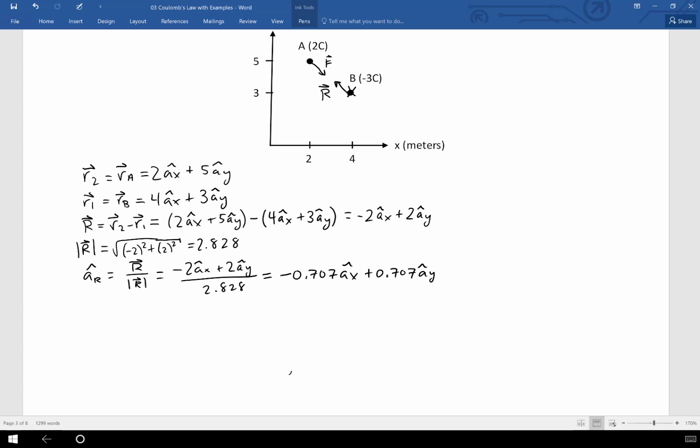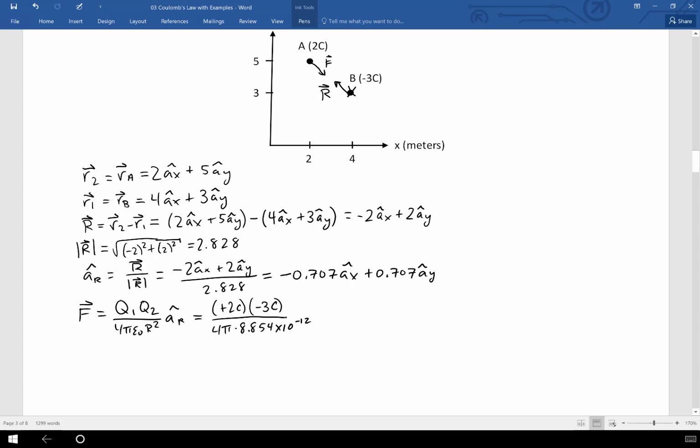But the force in this case is going to be Q1 Q2 divided by 4 pi epsilon 0 r squared times a sub r. Well, Q1 is going to be positive 2 coulombs, and Q2 is negative 3 coulombs, and that's all divided by 4 pi times 8.854 times 10 to the minus 12th.